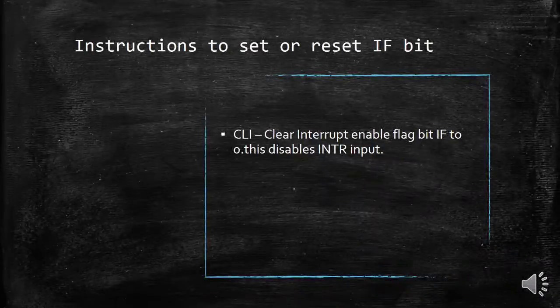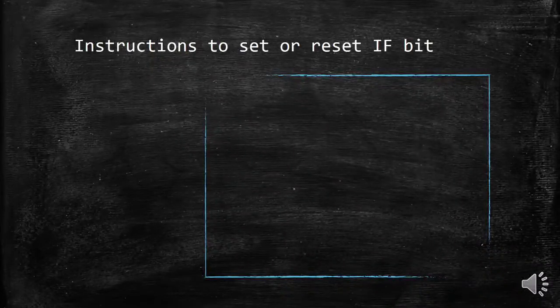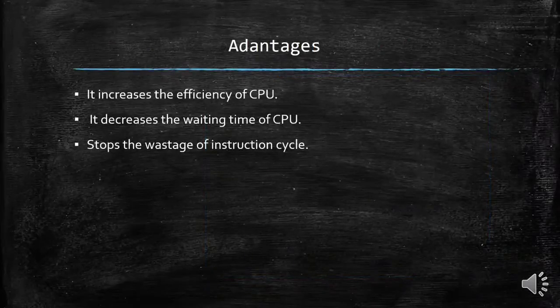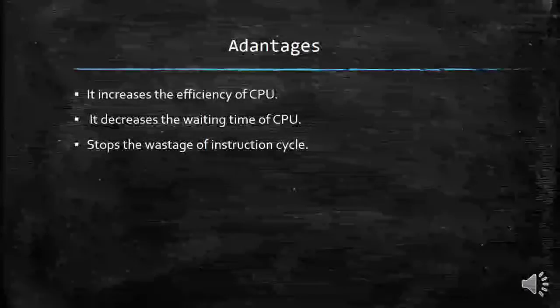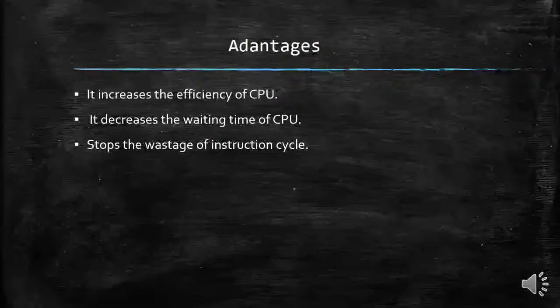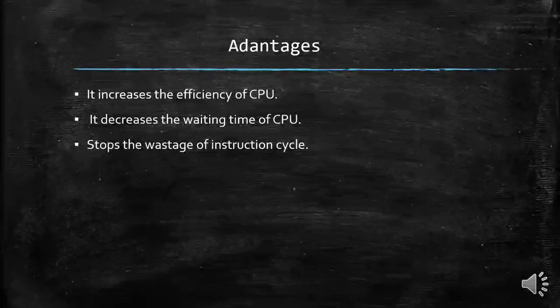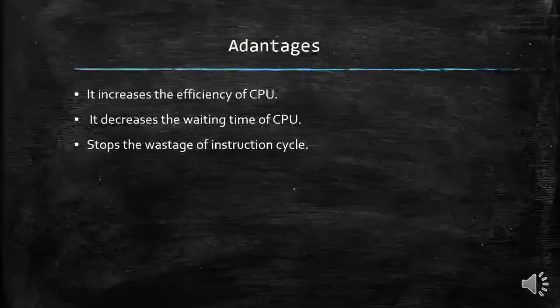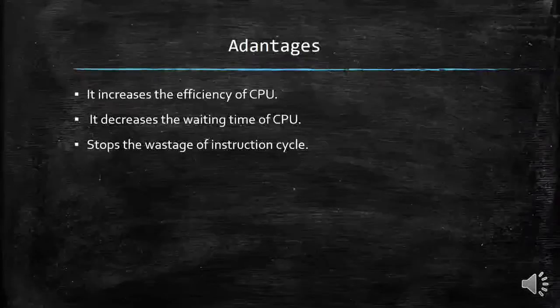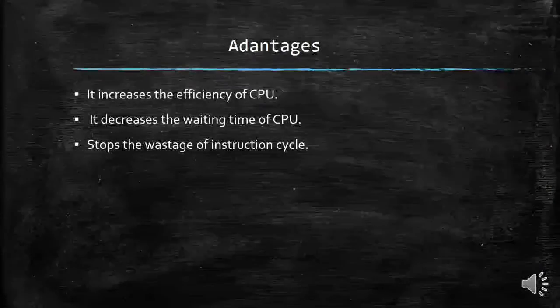Once it encounters the IRET instruction, the stack's contents are popped to regain the execution of the main program. Now the examples of software interrupts. Interrupt 00H, it is called divide by 0 interrupt. Interrupt 01H, single step.